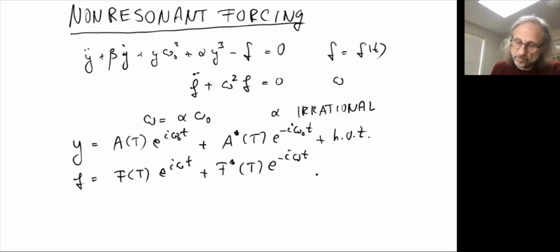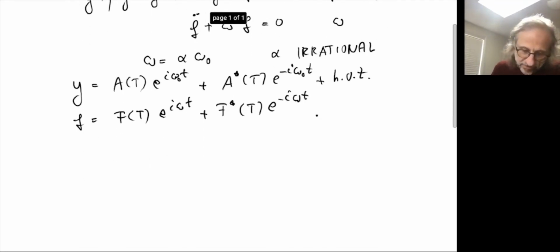But now, since we've written this as an extended system, the extended system has no time-dependent coefficients, because these coefficients here are all constant. The time dependence of f now comes about as a dynamical equation. And so we can use exactly the same approach as before, where we say the system is invariant under time translations.